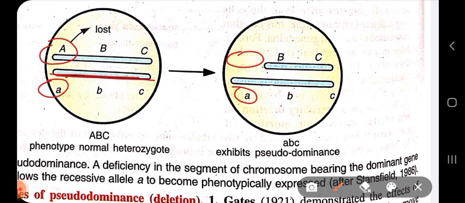It is now going to be expressed in the absence of the capital A allele. That's where we get the term pseudodominance. How is a recessive allele expressing? Because of the missing dominant allele, the recessive allele is expressed in place of the dominant allele. That's how we get the phenomenon of pseudodominance, right?